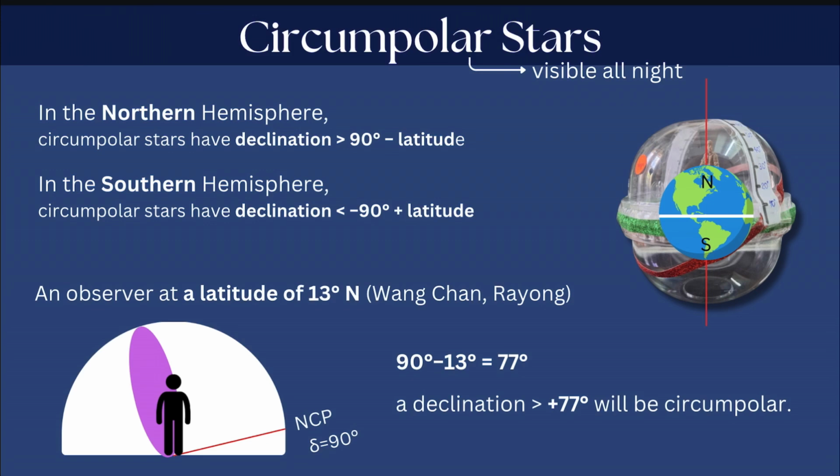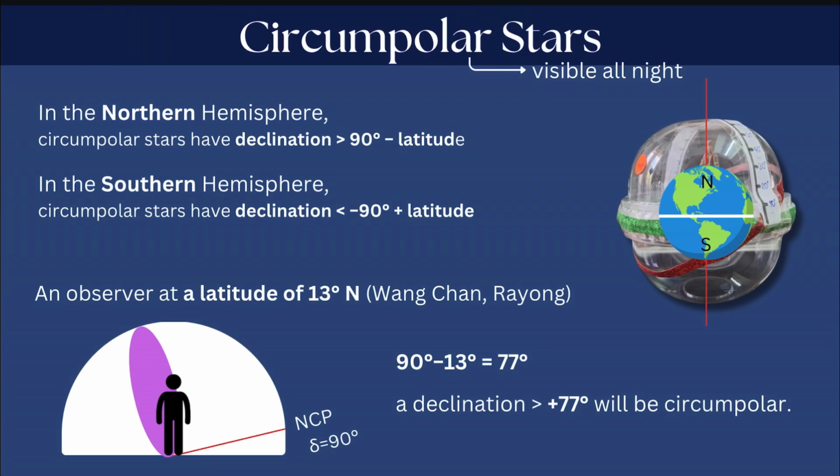They appear to move around the NCP or SCP and remain visible all night. In the northern hemisphere, circumpolar stars have a declination of more than 90 degrees minus latitude. On the other hand, in the southern hemisphere, circumpolar stars have a declination of less than minus 90 degrees plus latitude.